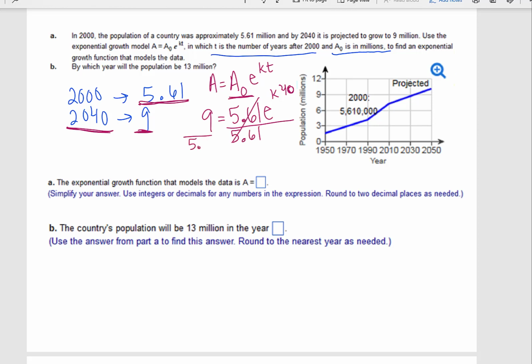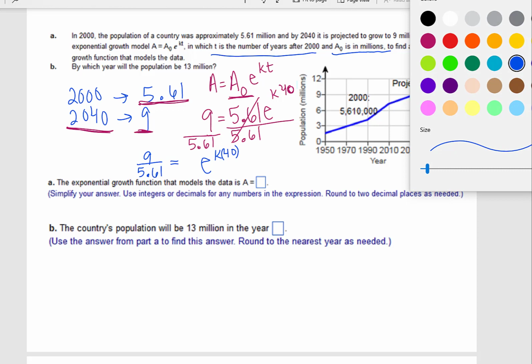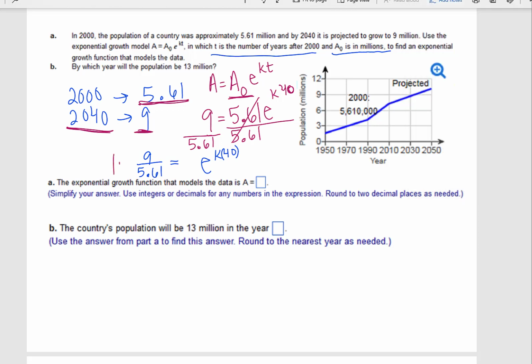Dividing both sides by 5.61 because I'm trying to isolate that E. Remember that once we isolate that E, I can take the natural log of both sides. I'm going to move a little bit to the left here. Okay, going to take the natural log of both sides.